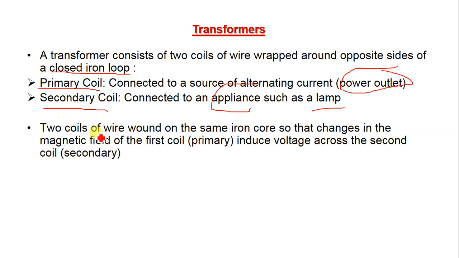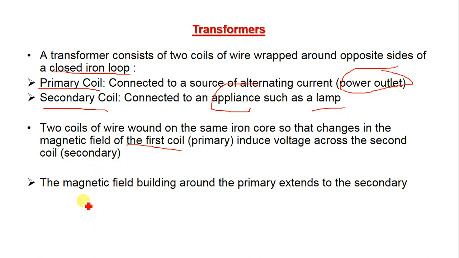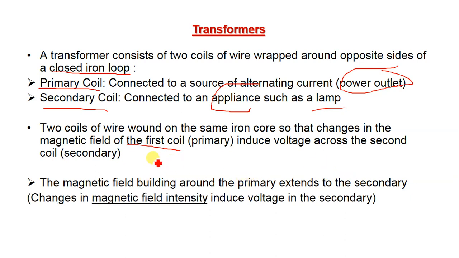The 2 coils of wire are wound on the same iron core, so that changes in the magnetic field of the first, which is the primary, induce the voltage in the second, or induce the current in the second, the same thing. The magnetic field building around the primary extends to the secondary.